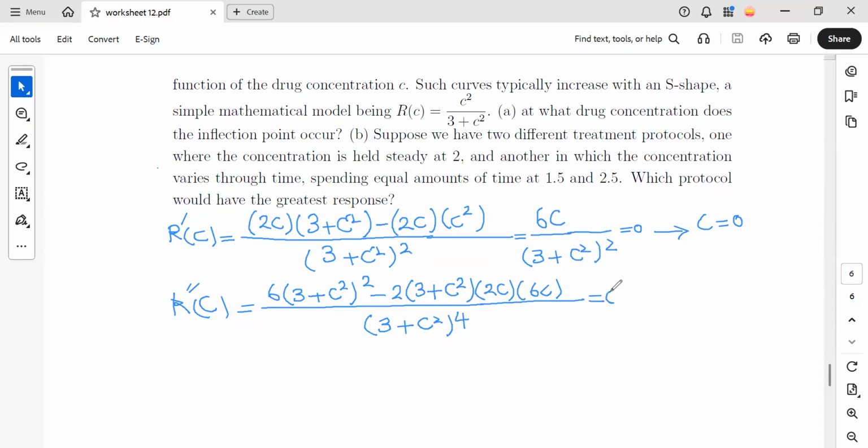We would set it to 0. After simplification, we would get 18 times 1 minus C squared over 3 plus C squared to the power 3, because one of them will be simplified.